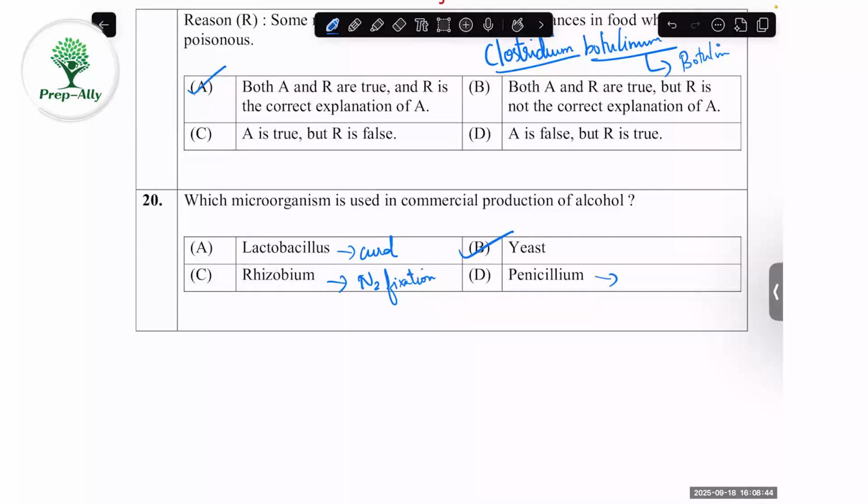What about Penicillium? It is for antibiotics. So yeast is useful for production of alcohol, and not only alcohol, but also baking products like cake and bread. Why? Because yeast undergoes the fermentation process.